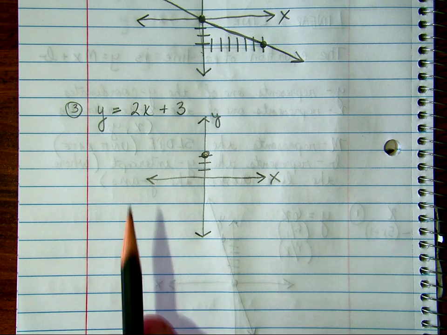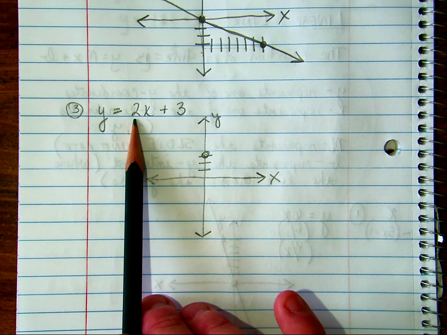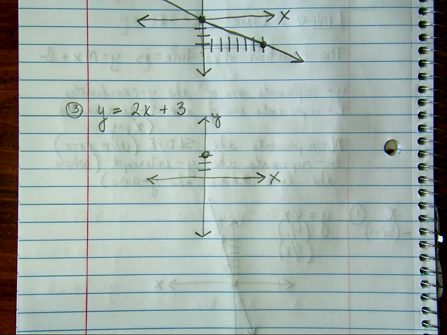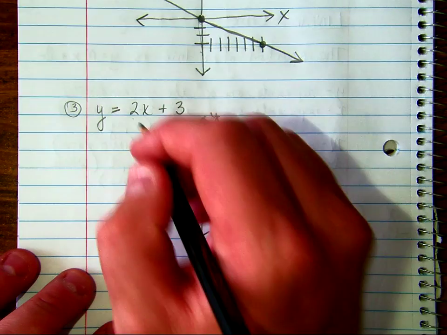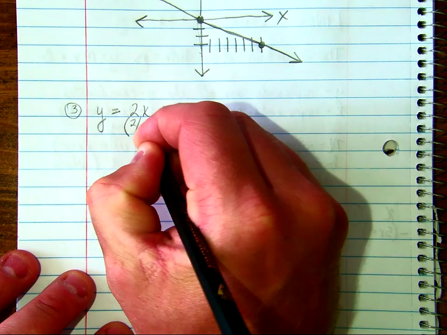Our slope is 2. How do I write that as a unit rate, Paige? Don't know how to write that as a unit rate? 2/1 is correct. Unit rate means per 1.